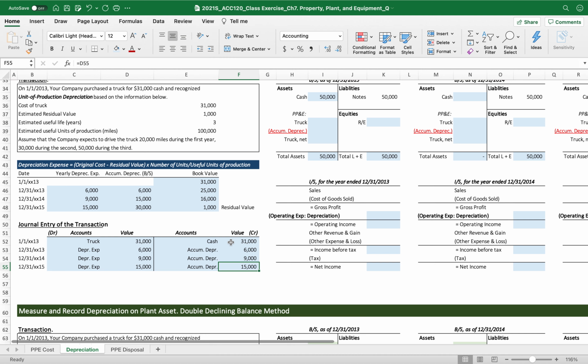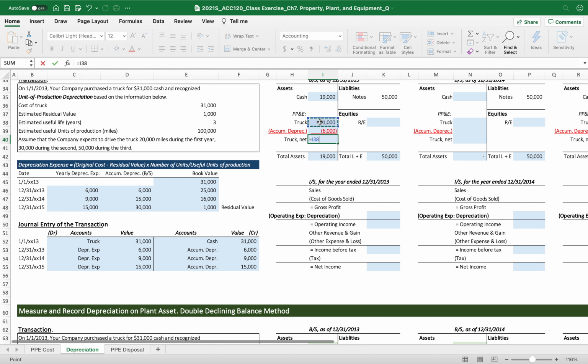Okay, so now let's post this journal entry onto the balance sheet and income statement. 31,000, and then cash out exactly following this journal entry. And then accumulated depreciation of the first year, 6,000, right?